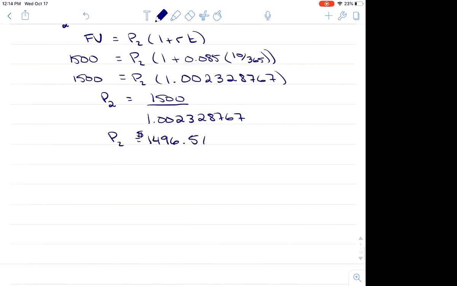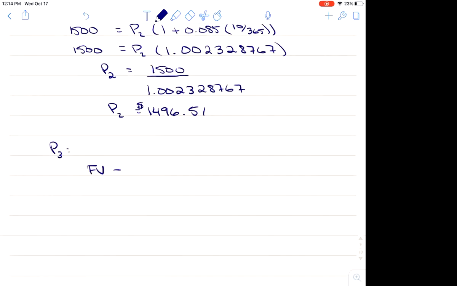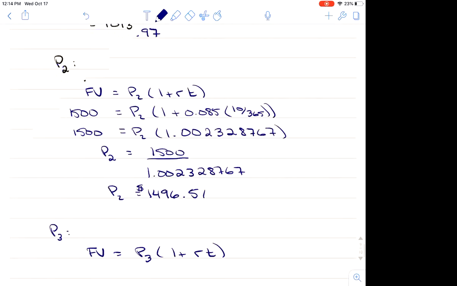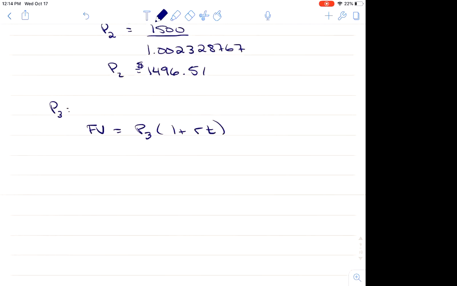How about P3? I'll start again. Future value is P3 times 1 plus RT. 2,000 and the T was 150. 2,000 is P3 times 1 plus 0.085 times 150 over 365. 150 divided by 365 times 0.085 plus 1.